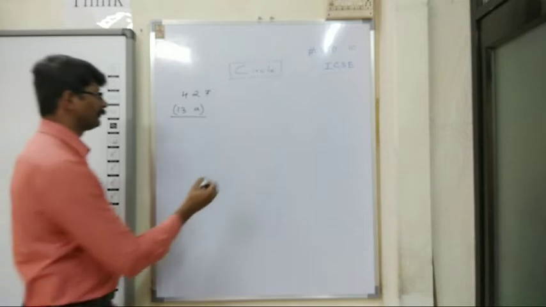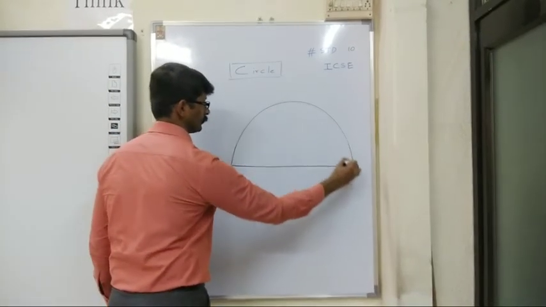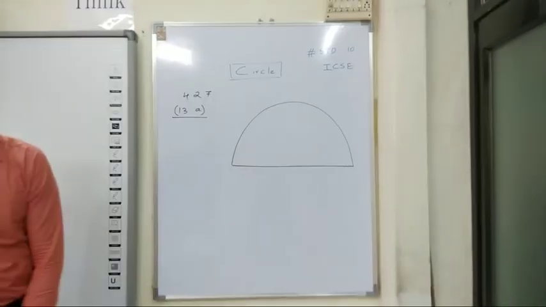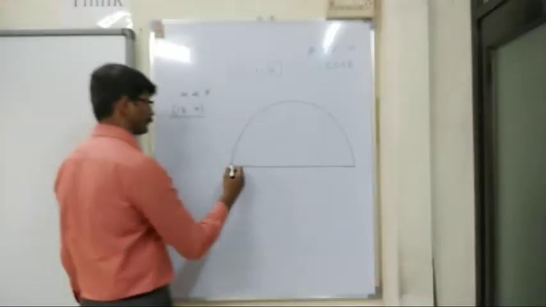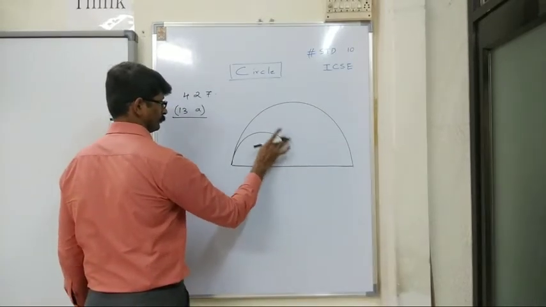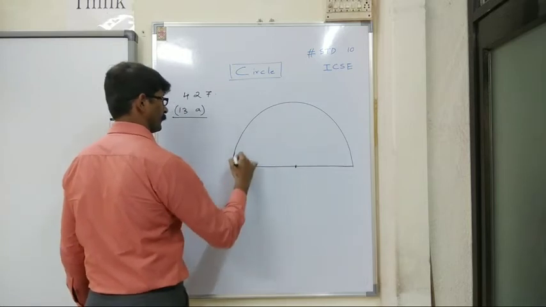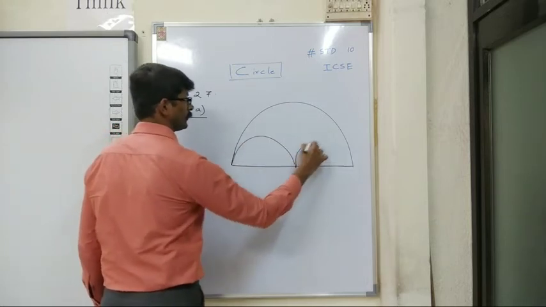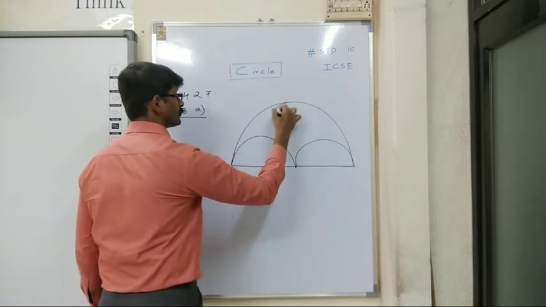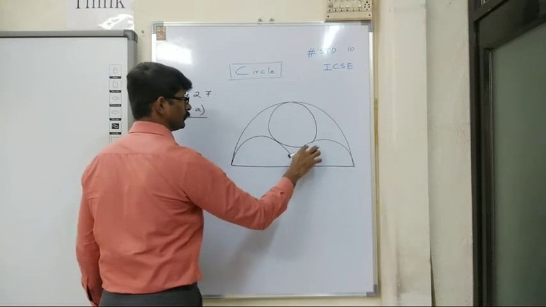It is given that this is like a semicircular shape, and there are these three semicircles. Oops, I'll redraw. There are three semicircles like this, and like this, and then there is one more circle like this, touching all these three semicircles.